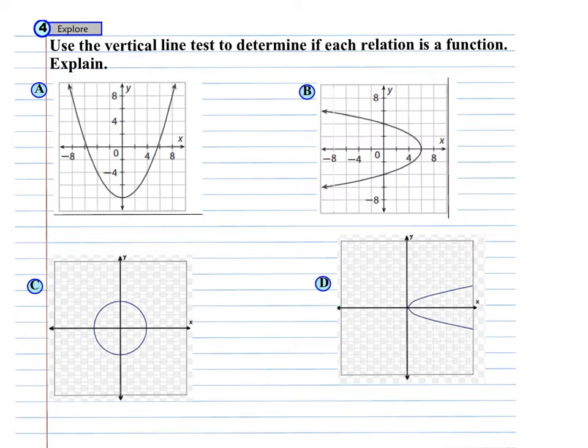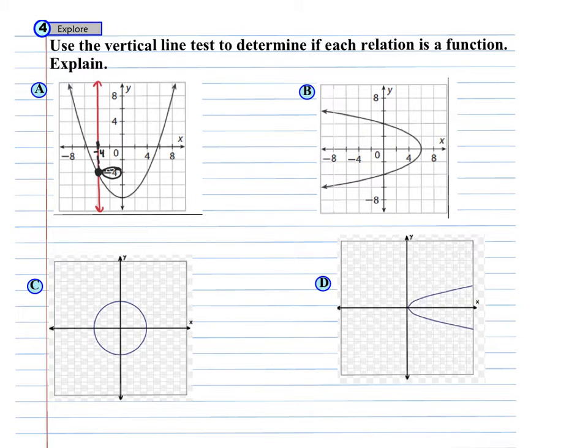If you draw a straight line anywhere on this graph, going up and down, you will notice that it only crosses at this point right there. One answer. Let me give you an analogy. Right here, this is -4. For this -4, which is x, you only have one y value, which is this other -4.